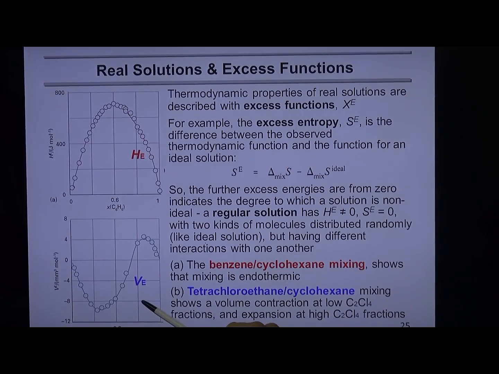Figure B is a mixture of tetrachloroethane and cyclohexane. As a function of composition, the y-axis is excess volume. Volume also changes. So similarly, we can deal with other thermodynamic properties using this definition of regular solution.